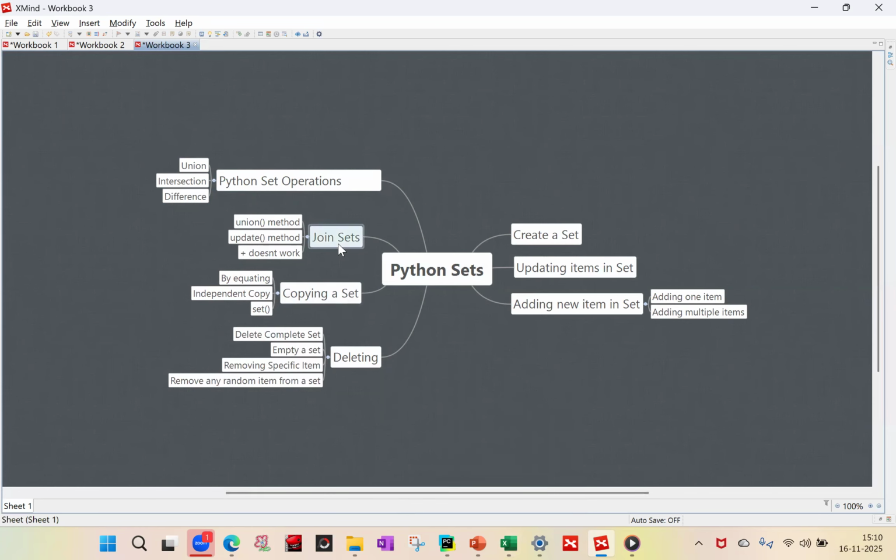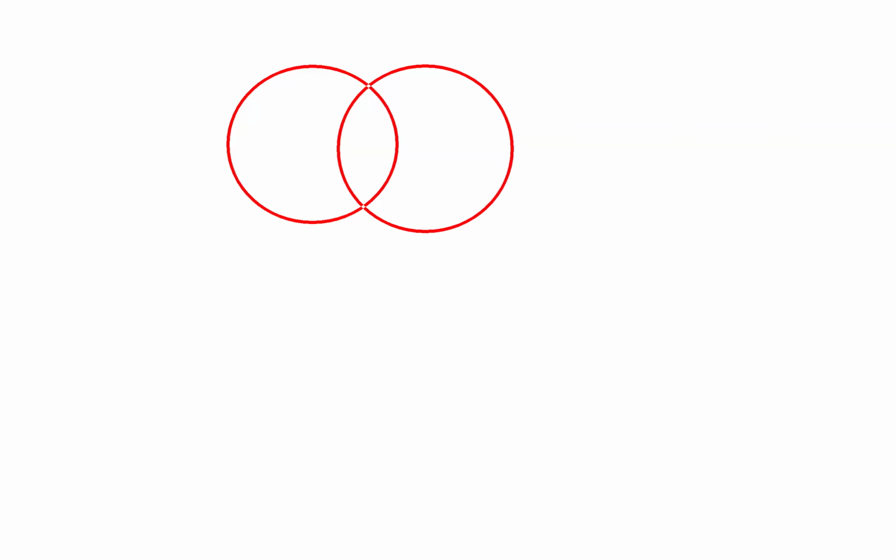So let me share my whiteboard. Let's say I have two sets, S1 and S2. So this is S1, this is S2.